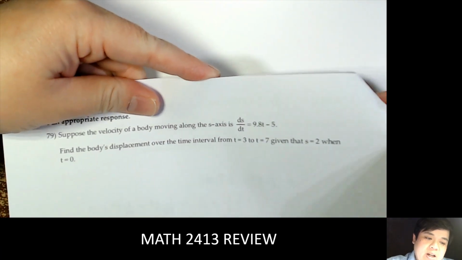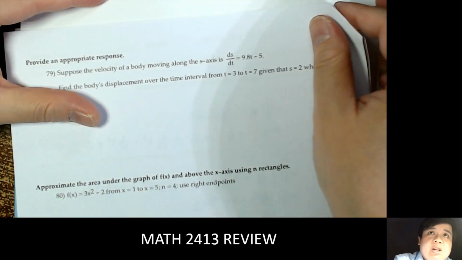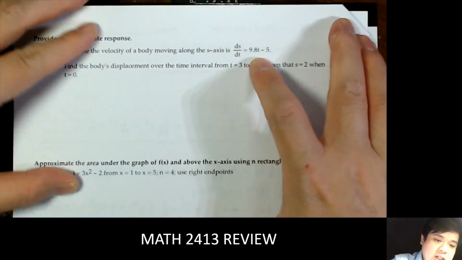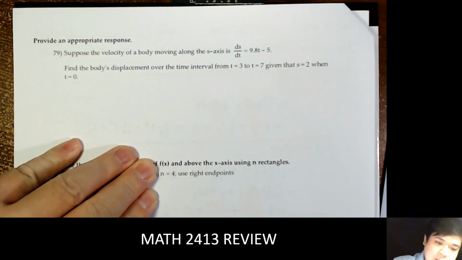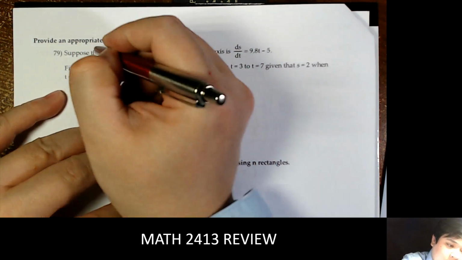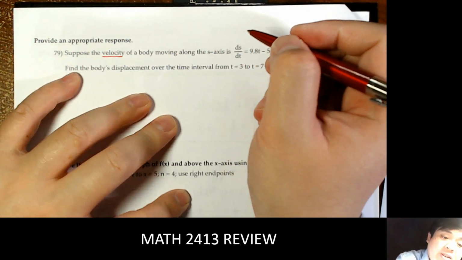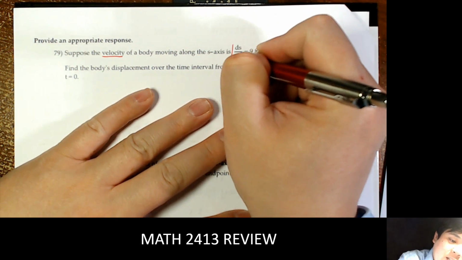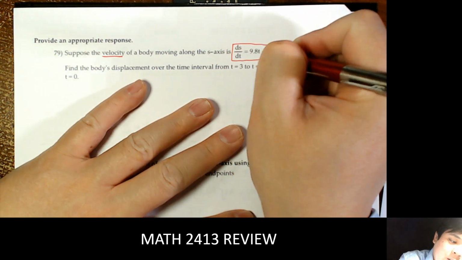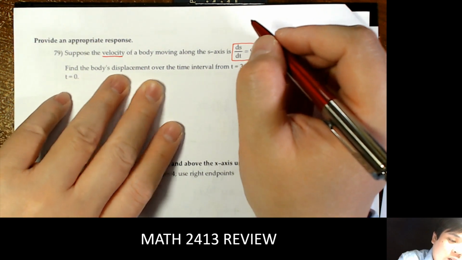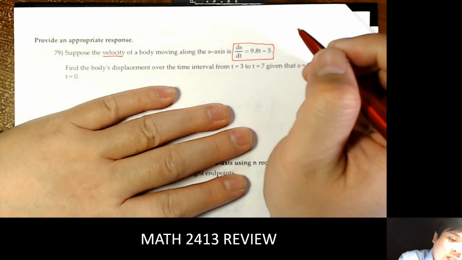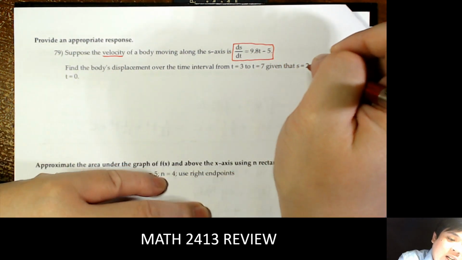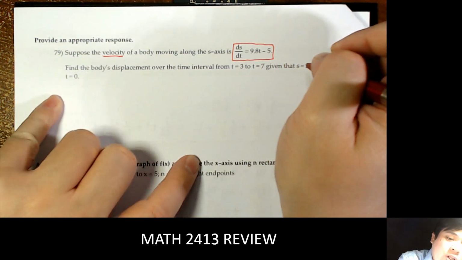Next we also have another initial value problem, but in the form of an application problem. So we have the velocity, which is the derivative of the displacement, given in this form, and we need to find the displacement over time from t equal to 3 to t equal to 7, given that s is equal to 2 when t equal to 0.